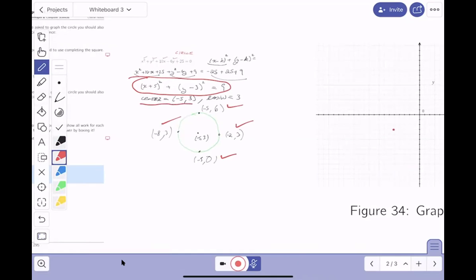Now what I'm going to do is count from that position 3 units up, 3 units down, 3 units left, 3 units right. Oh, I made a mistake there.